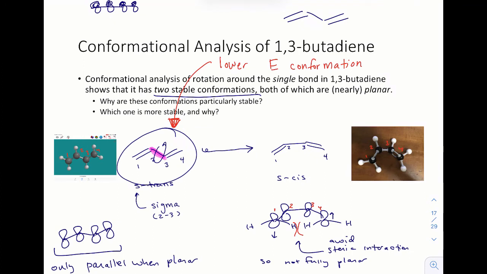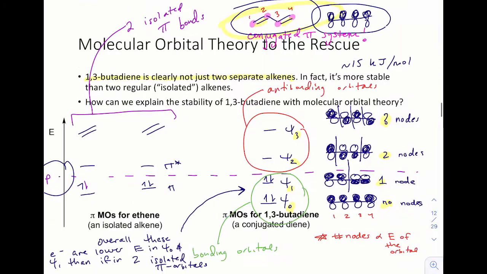Now that we fully understand our model system of 1,3-butadiene, we can draw the pi molecular orbitals for this system and explain observed phenomena based on conjugation and how conjugation lowers the energy of electrons.